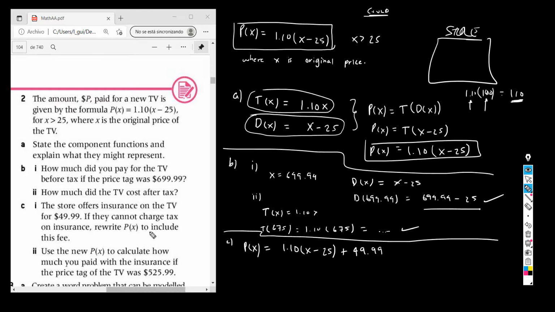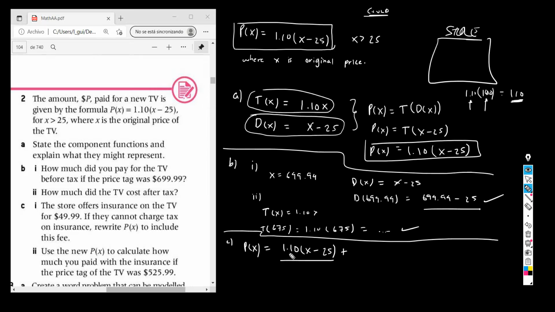And finally, C. The store offers insurance on the TV for, I'm going to round again, it's just simpler, $50. If they cannot charge tax on insurance, rewrite p of x to include this fee. Then p of x should be the same as before.